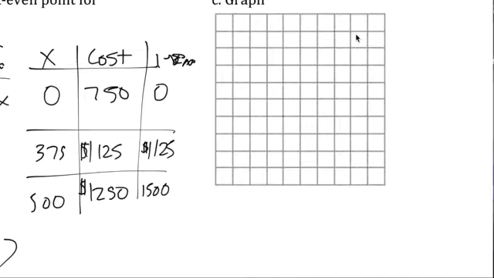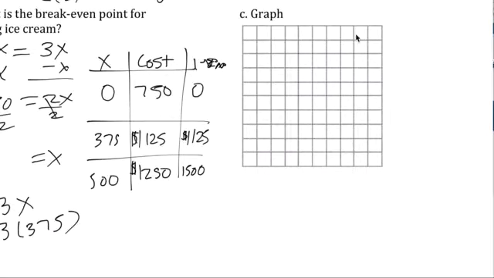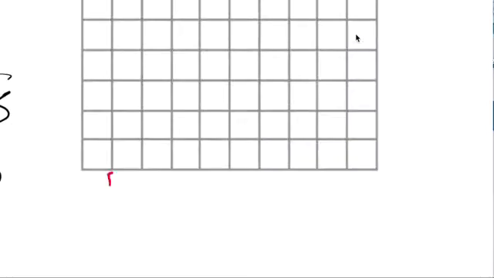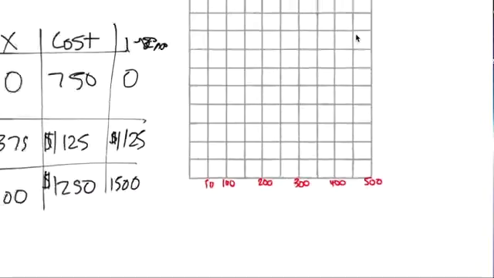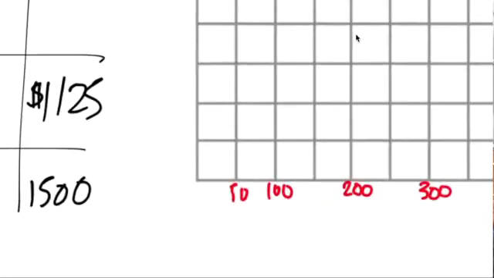So there's only, I think, 10 here. 1, 2, 3, 7, 8, 9, 10. Yeah, 10. Divide by 10. So 500 divided by 10 is 50, right? So 50, 100, 200, 300, 400, 500. And then 1500 divided by 10 is 150.